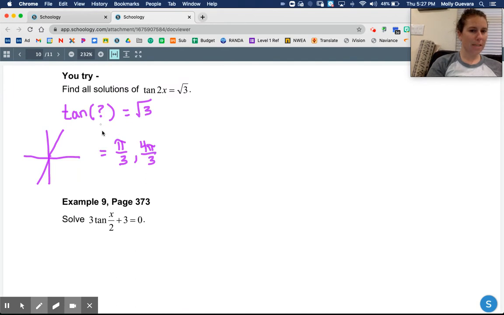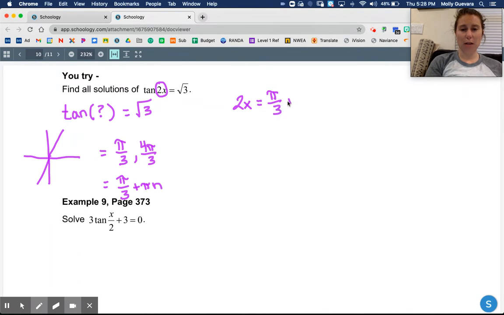Does that make sense? So pi over 3 is just pi over 3 plus pi to get to 4 pi over 3, and then plus pi, plus pi, plus pi. So I can just say pi over 3 plus pi n. But because of this 2x is really what's in the parentheses, I have to set 2x equal to pi over 3 plus pi n.